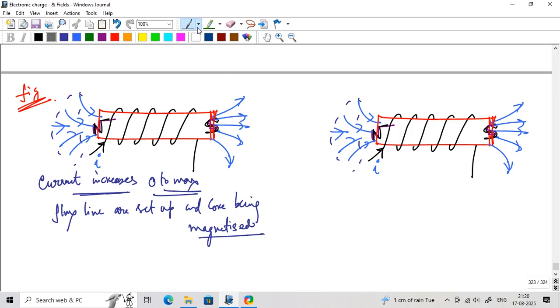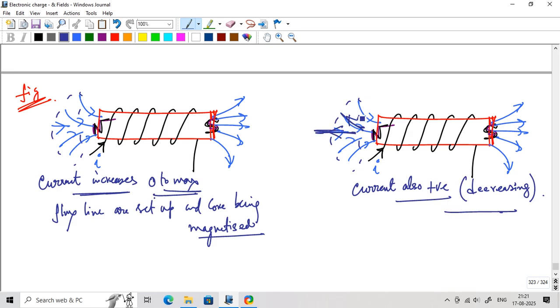Here it goes from 0 to max, here it is decreasing. So if the current is decreasing, the core is demagnetized.